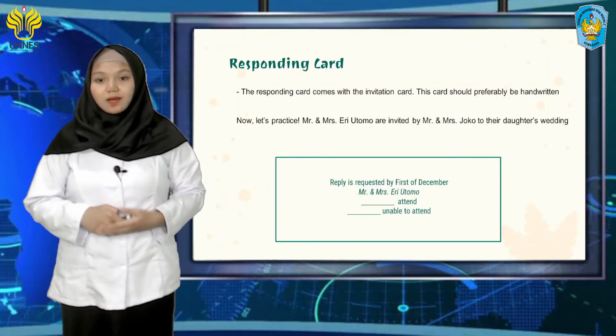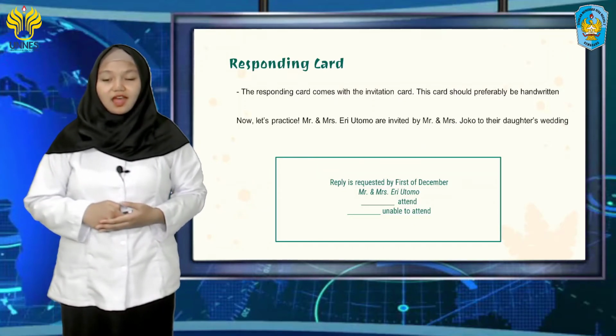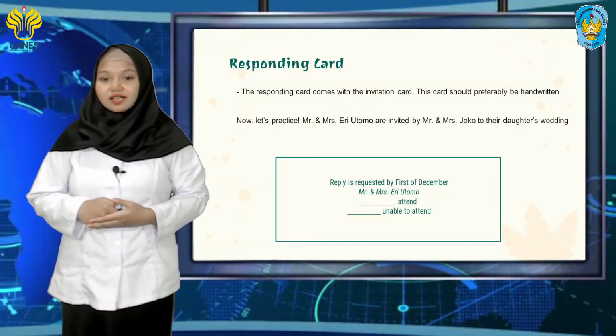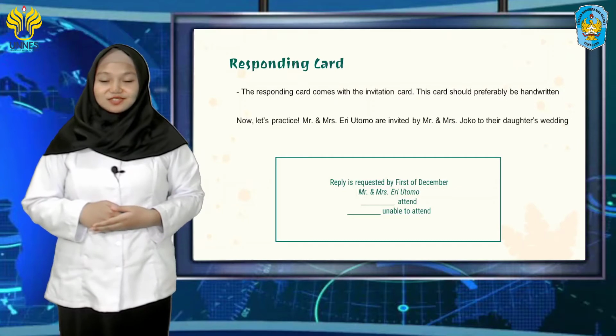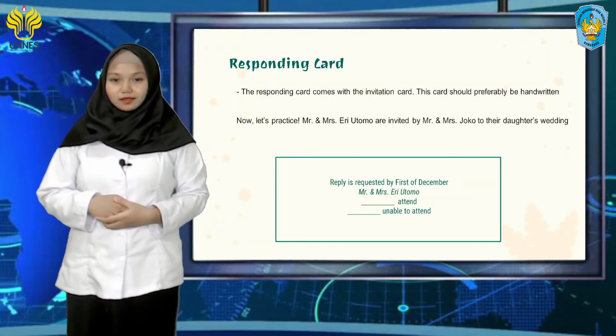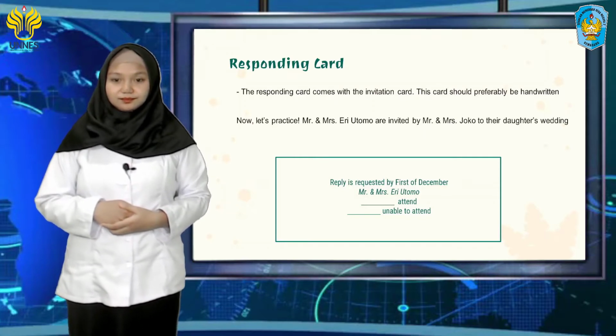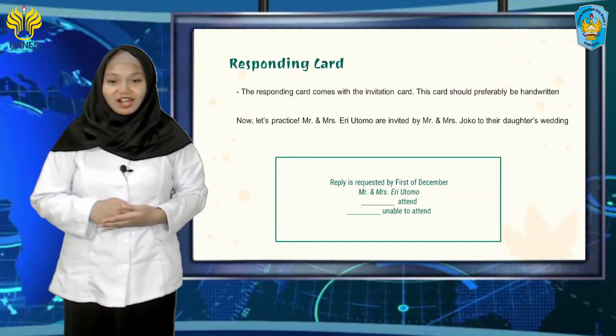The first one, Mr. and Mrs. Edi Utomo could attend the event, and the second one, Mr. and Mrs. Edi Utomo are unable to attend the event. So you could write it by yourself now. Okay, great. I assume that you could write it correctly.